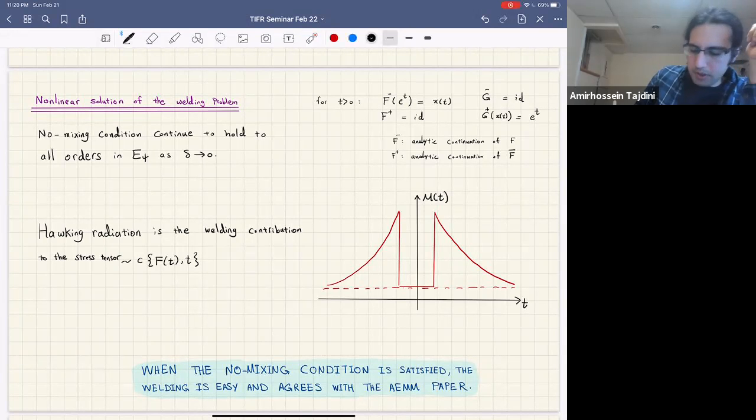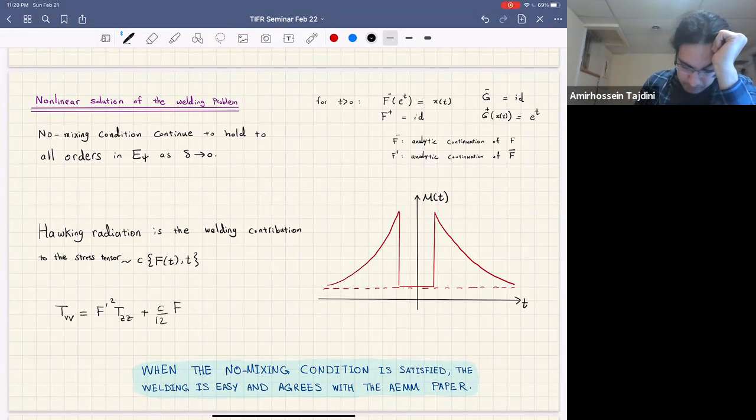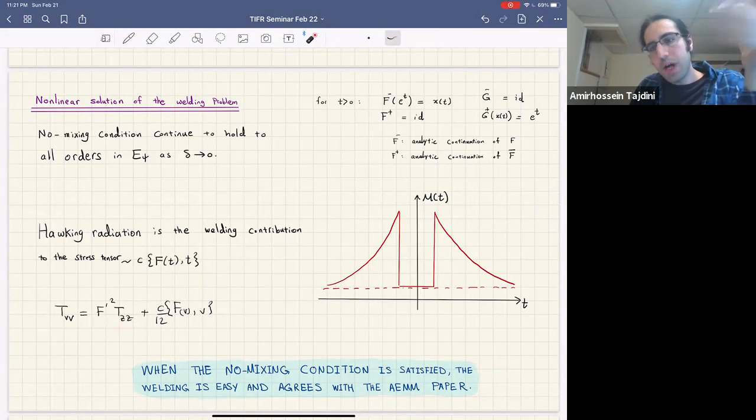Yeah, so it was kind of quick, but if you remember, previously I wrote, for example, the stress tensor in the original plane, and it has some pieces. It was something like T_zz plus something like c over 12 times the Schwarzian of f of v. So in the Euclidean, you have these two terms for the stress tensor outside.